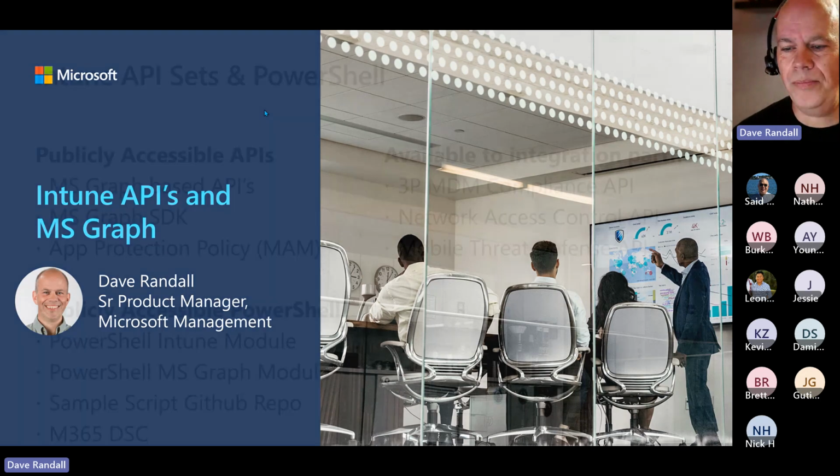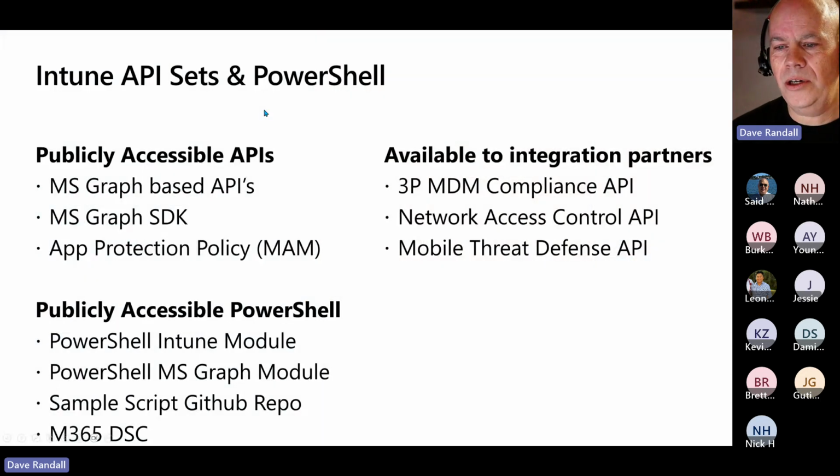So with that, let's first start out with an overview of the different API sets that are available for you as an Intune consumer. So I assume you have one or more Intune tenants in your organization, and there's a bunch of different APIs that are available for you to use.